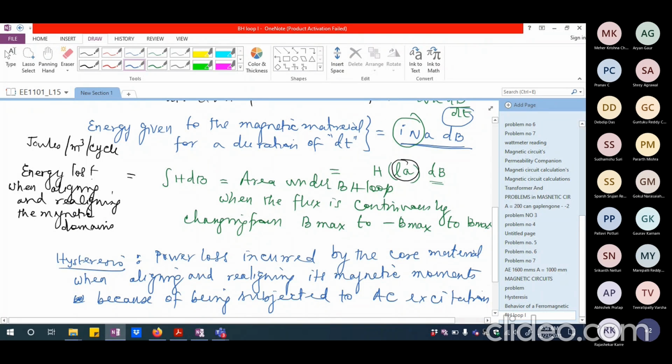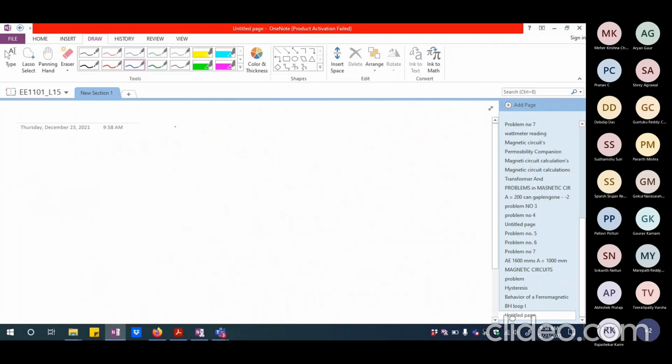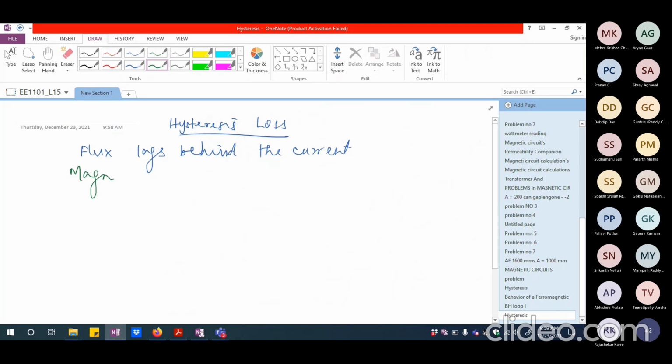So the hysteresis loss that we see in a magnetic material is because of the property of the flux to lag behind the current, and the magnetic moments are aligned and realigned.